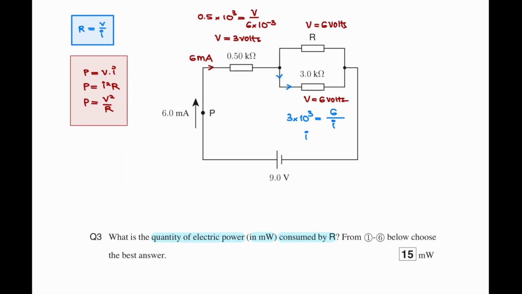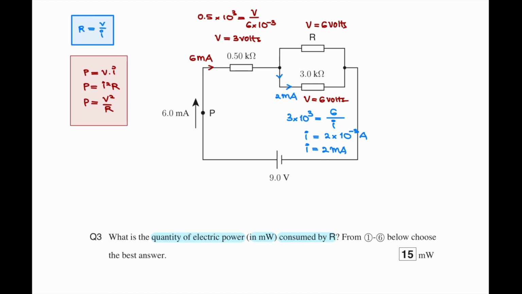I will get I equals 6 divided by 3000. You will get 2 times 10 to the power of negative 3 ampere. So I equals 2 milliampere. The current that flows through this bottom branch is 2 milliampere.